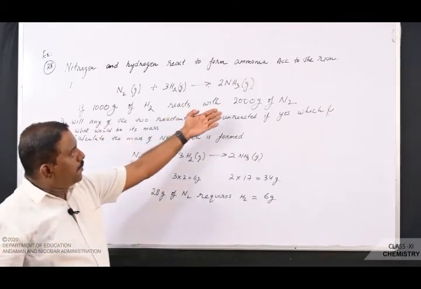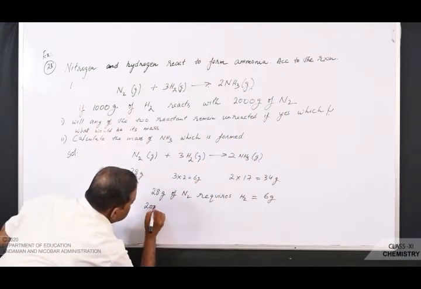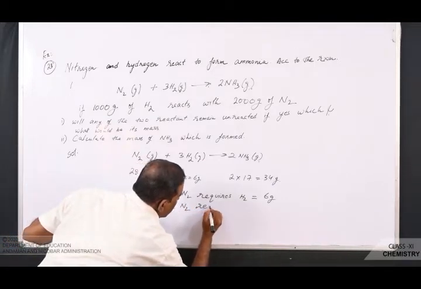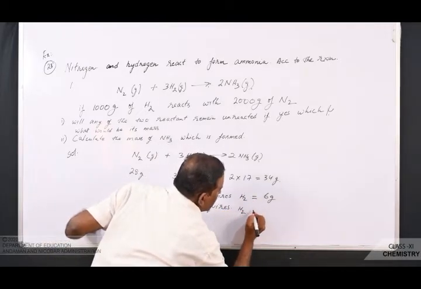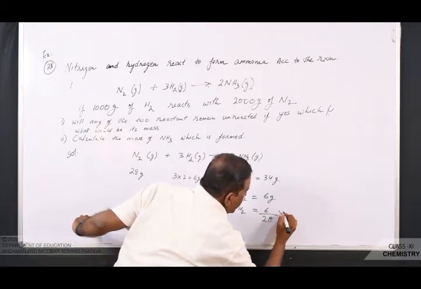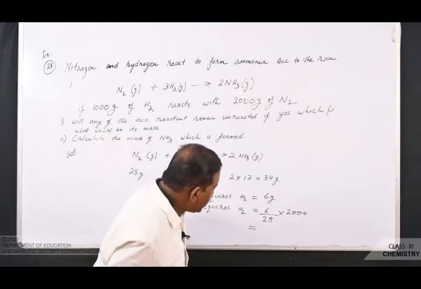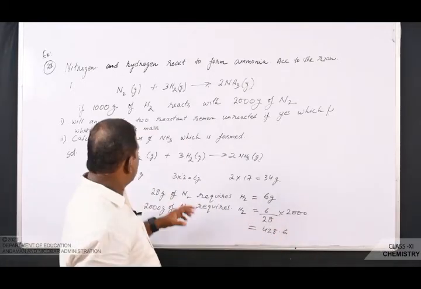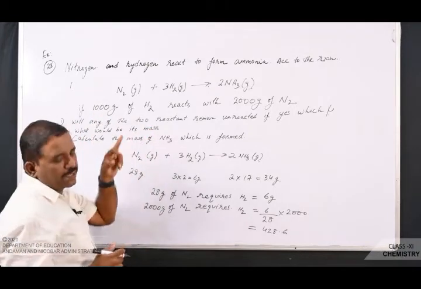So 2000 grams of N2 requires H2 equal to 6 by 28 into 2000. After solving this, it comes to be 428.6 grams. So for the first part, we can see that the H2 actually available is 1000 grams.